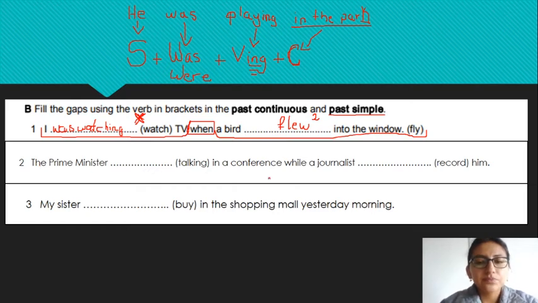Number 2, the second use of past continuous is when we have the relative clause while. What is the meaning of while? Okay, very good. While, mientras, mientras, okay?